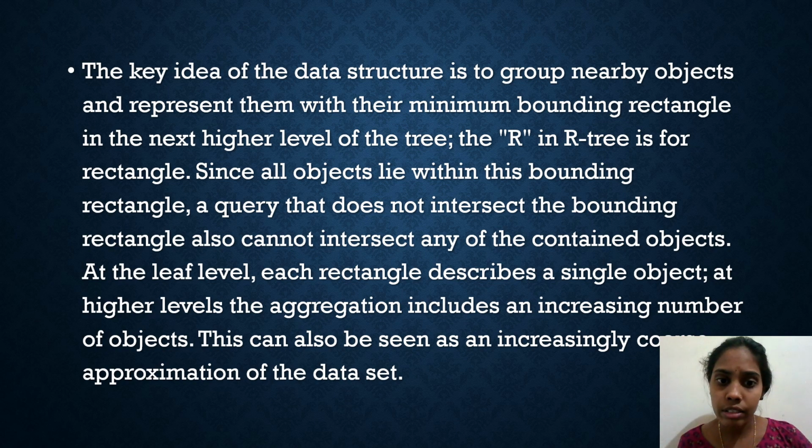At the leaf level, each rectangle describes a single object; at higher levels, the aggregation includes an increasing number of objects. This can also be seen as an increasingly coarse approximation of the dataset.